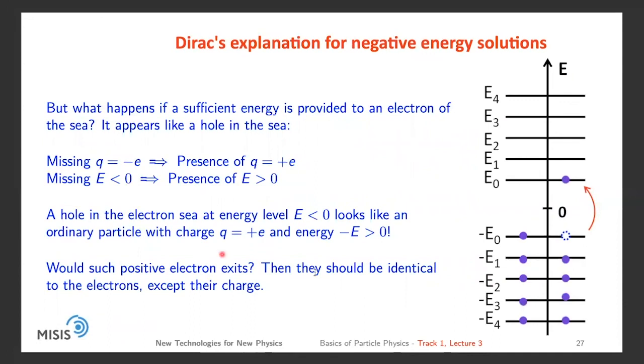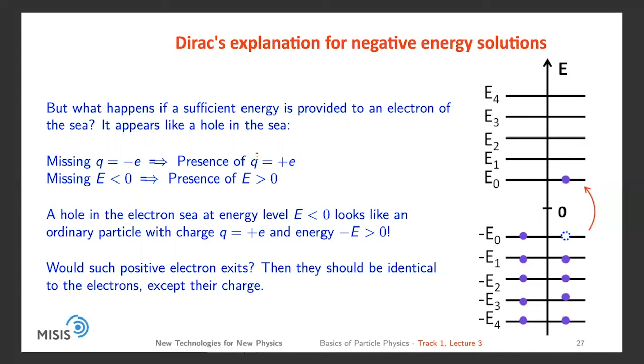Now, if sufficient energy is provided to an electron of the sea, so it jumps up, then the absence of the electron appears as a hole in the sea. And then the missing charge of minus e looks the same as the presence of a positive charge. Therefore, a missing particle with negative energy is the presence of a particle with positive energy.